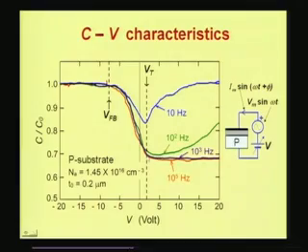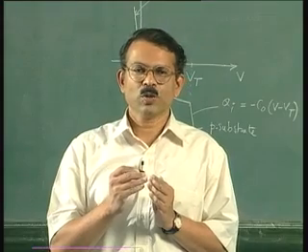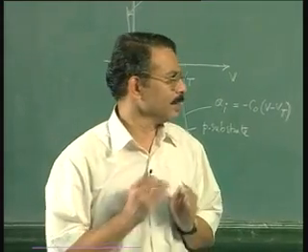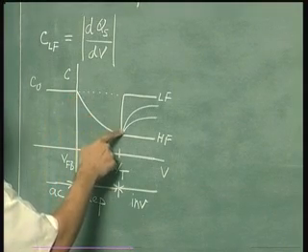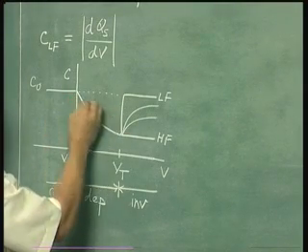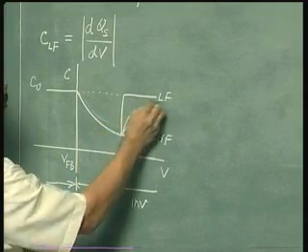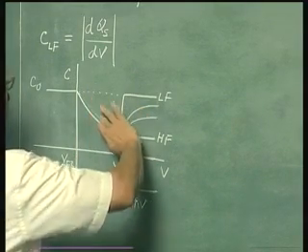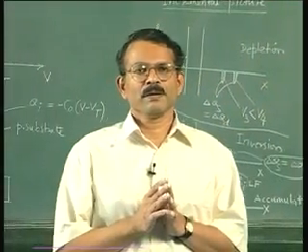We will not bother about such minor details, because to explain those you will have to go into more rigorous theory. Here all that it means is that if your capacitance is not really low frequency, your curve may actually come like this and go up. So this is our capacitance versus voltage behavior, in qualitative terms, high frequency and low frequency.